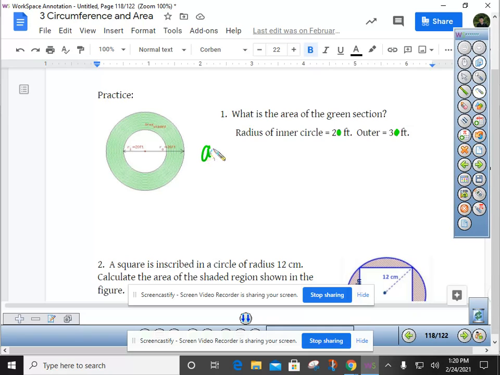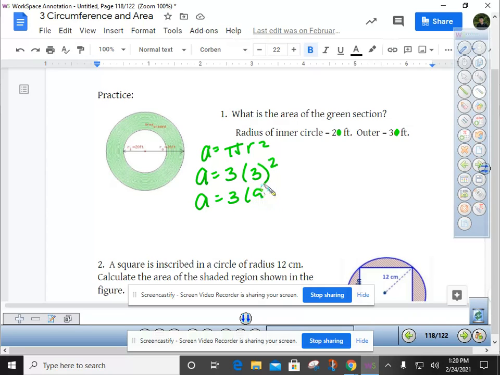So let's do the big one first. The outer circle area equals pi r squared. What is the radius of the big circle? 3 squared. What is 3 squared? 9. And 3 times 9? 27.